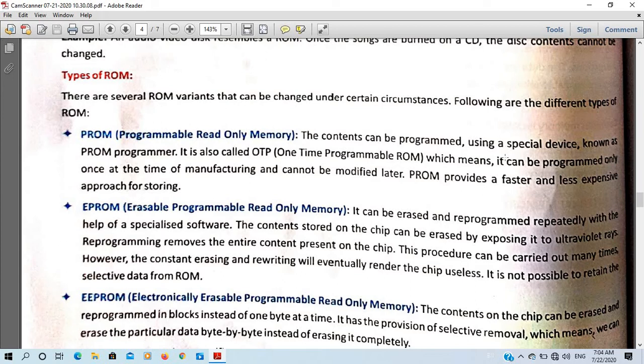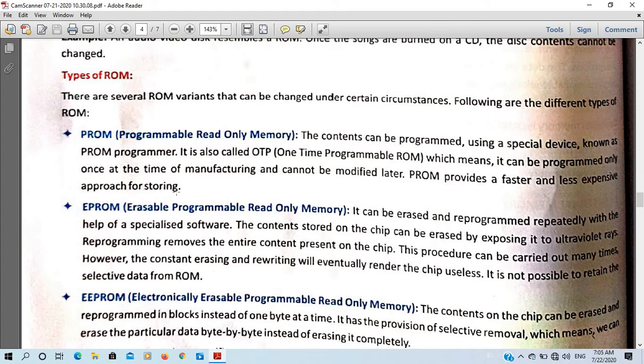A PROM programmer is a special device on which the program is written, and once set, it is permanent there and is not going to be erased. It is also called OTP. OTP is one time programmable ROM, which means it can be programmed only once at the time of manufacturing and cannot be modified later. PROM provides a faster and less expensive approach for storing.